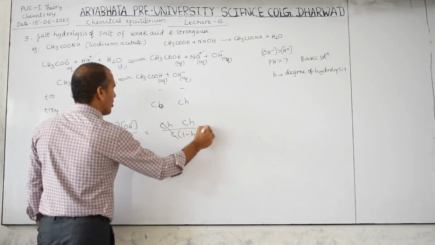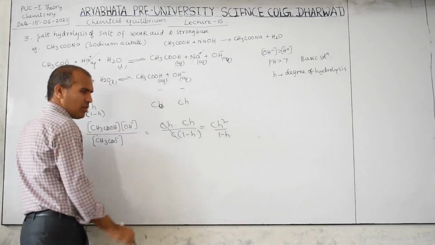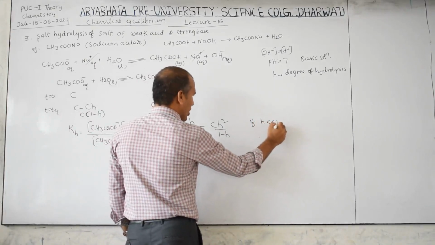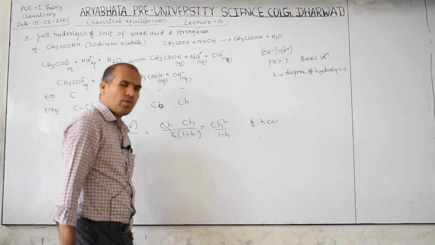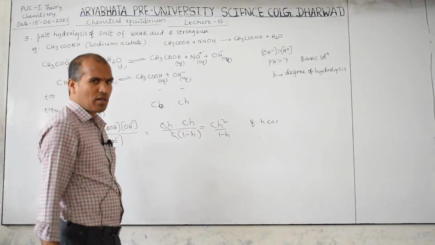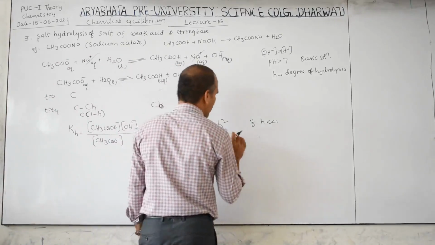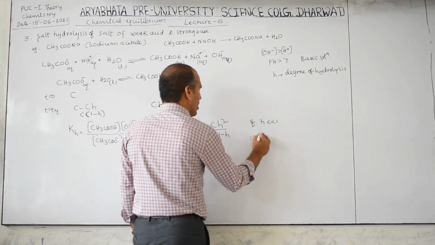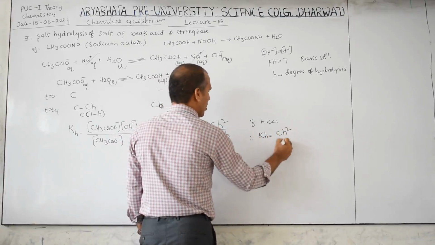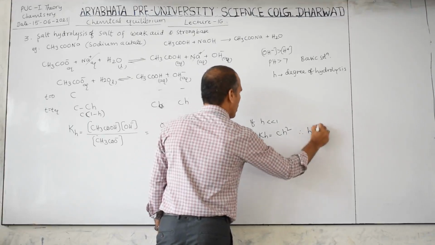C cancels, therefore Ch square by 1 minus h. Keep in mind, if h is less than 1, less than 5% or 0.05, it is negligible by the approximation method. Therefore Kh is equal to Ch square, so h is equal to root of Kh by C.